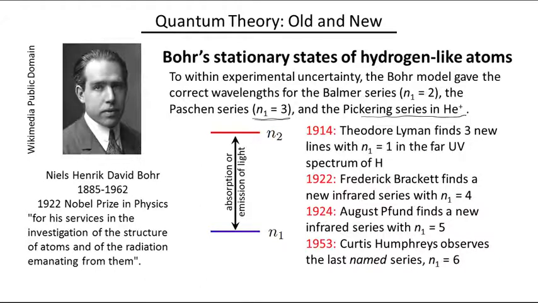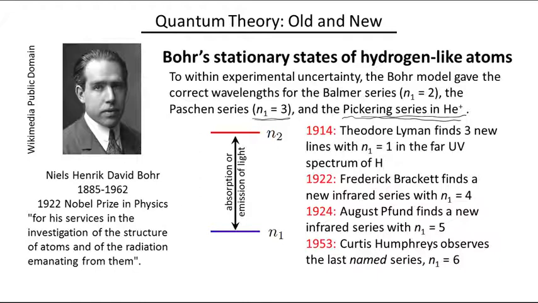In the paper that we have available in the additional materials, he shows that he can explain all the known lines of hydrogen, and also explain the so-called Pickering series lines as being lines of helium plus. There was some uncertainty at the time, as many people thought they were for hydrogen.